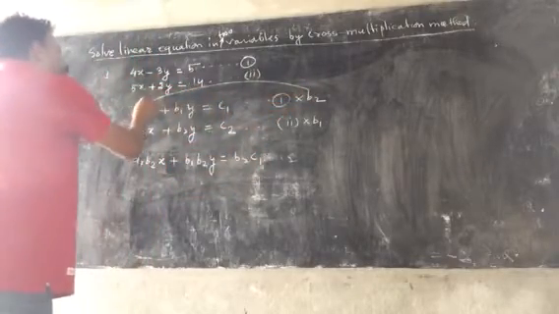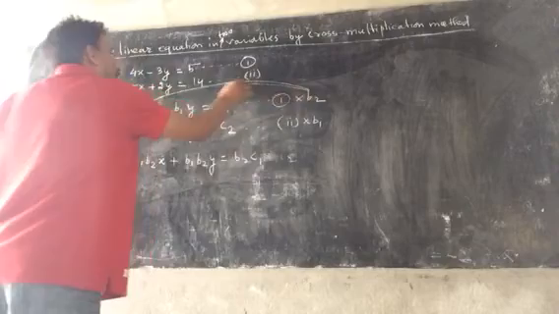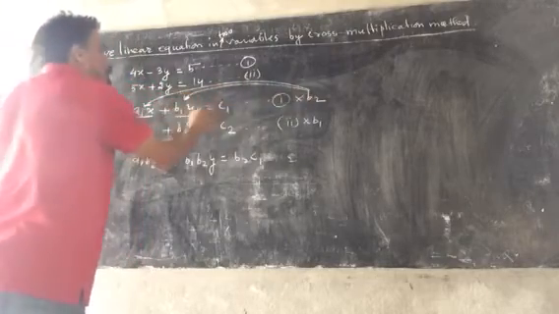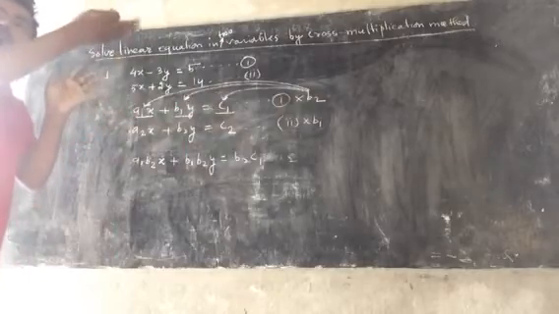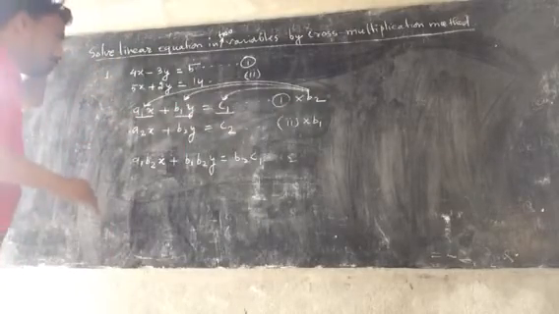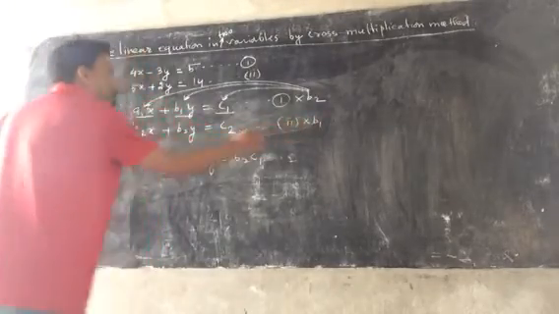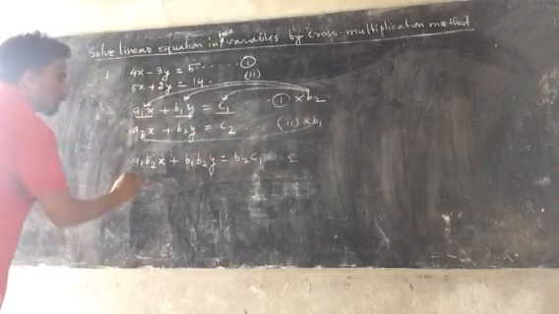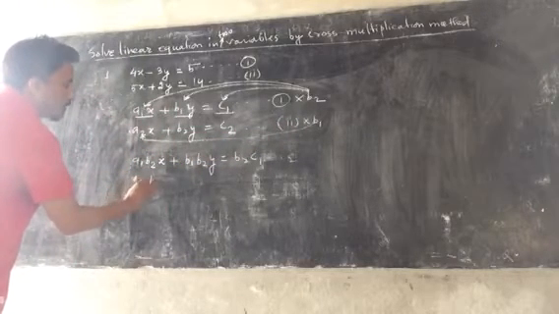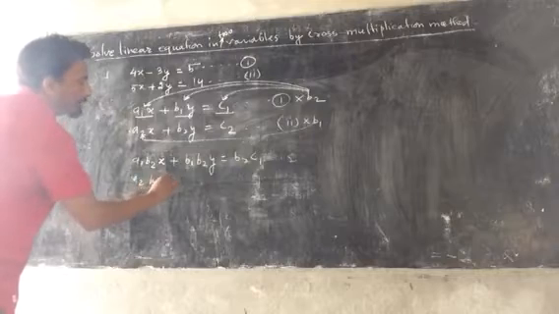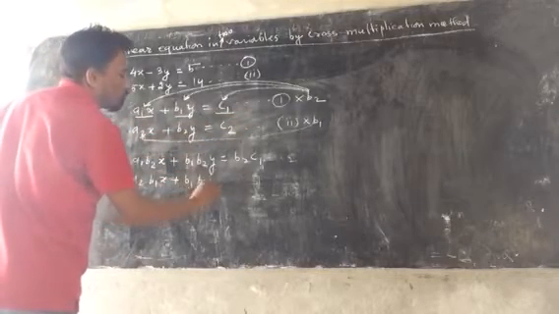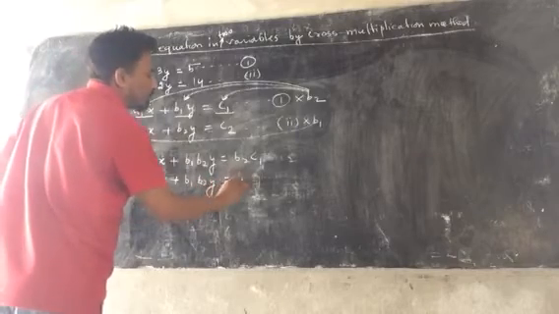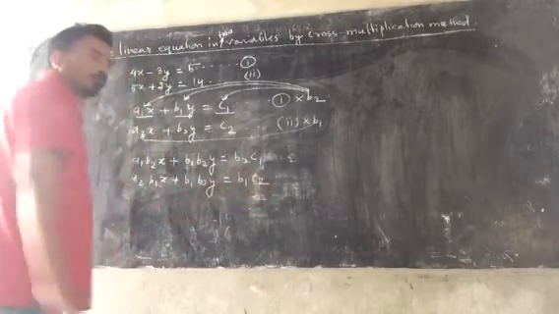I multiplied the first term by b2, the second term by b2 and the third term by b2, the same pattern in which we learned the elimination method. Now I have to multiply this by b1, so I can write a2 b1 x plus b1 b2 y is equal to b1 c2.